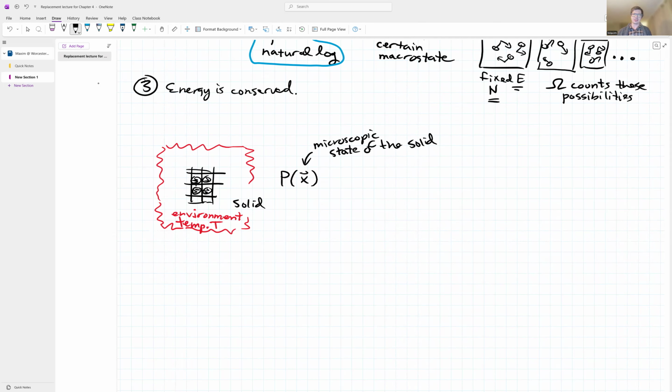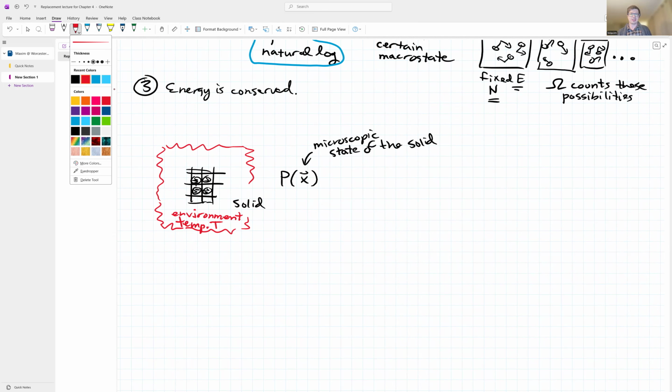The probability of finding such a state has to be dependent on the various environments that are consistent with having that particular microscopic state of the solid. So if you see 4 solid atoms in here, there must be lots and lots of different ways in which the environment could be arranged that is still consistent with the solid having 4 occupied lattice locations, right?